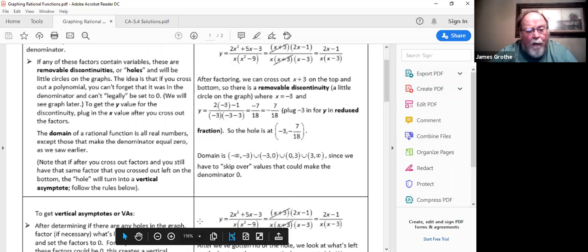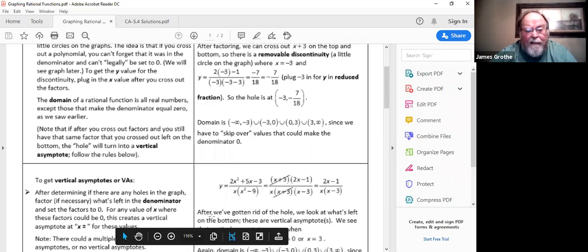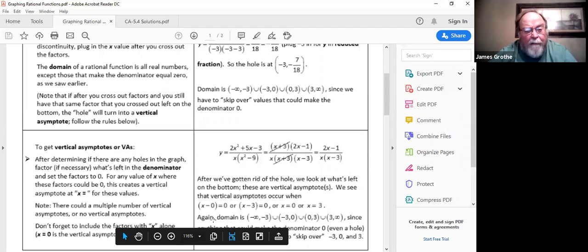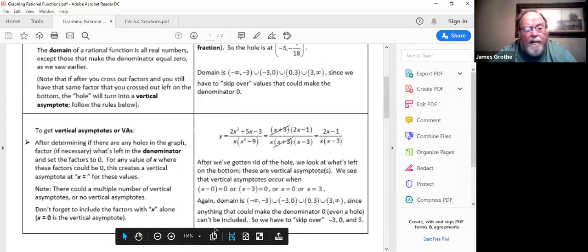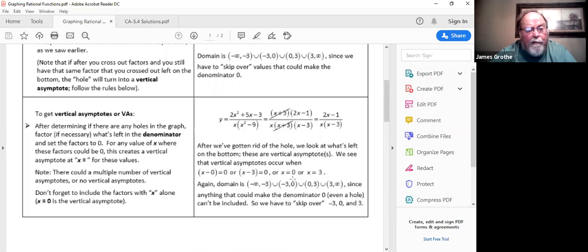Now, when it comes to asymptotes, vertical asymptotes are kind of easy to spot, at least if you're good at factoring, because vertical asymptotes represent a place where the function is undefined. And you recall, since the function is a quotient, it'll be undefined when the denominator is 0.